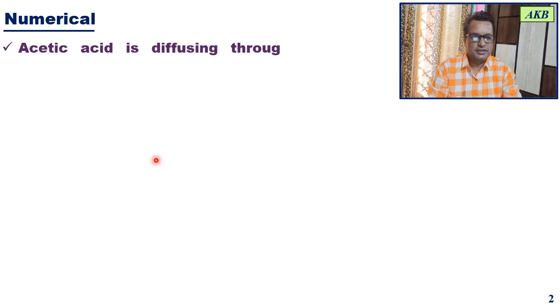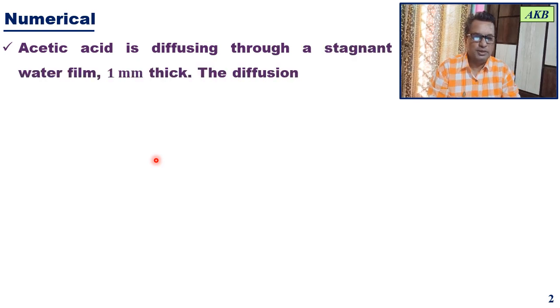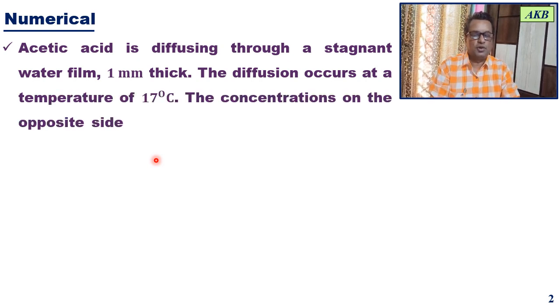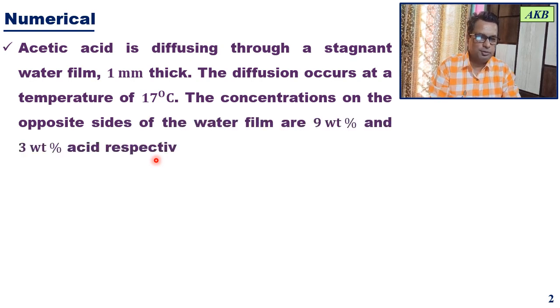Acetic acid is diffusing through a stagnant water film 1 millimeter thick. The diffusion occurs at a temperature of 17 degrees Celsius. The concentrations on the opposite sides of the water film are 9 weight% and 3 weight% acid respectively.